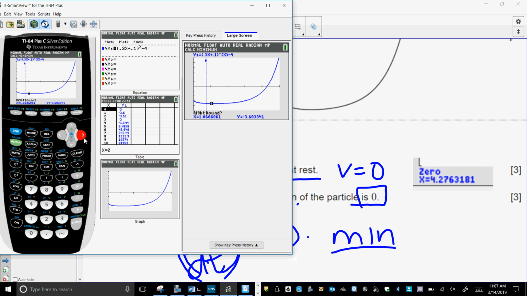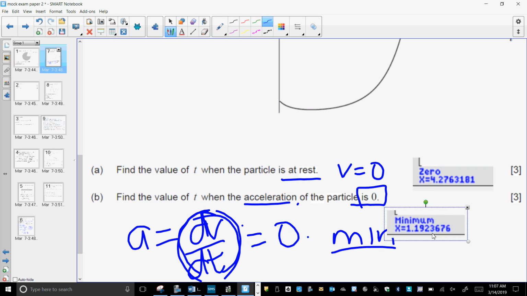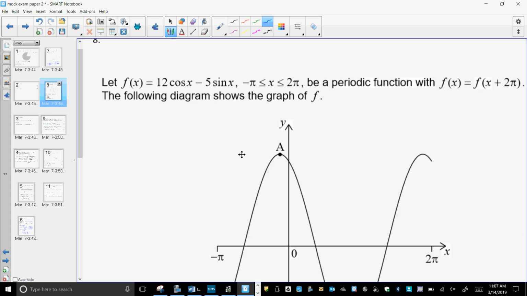It's a bit flat, so I don't really know where it's going to be. Let's do this. Guess. And there we go. There's our minimum point. Okay, so obviously we've rounded these values to 3 sig fig. Okay. Here's our function.